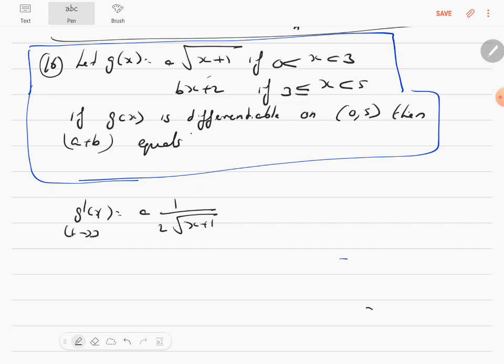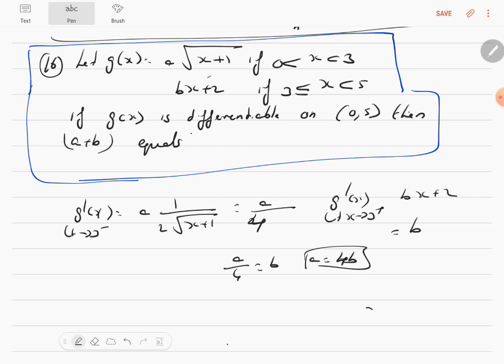Then you can directly substitute and you get a by 2 into root of 3 plus 1, which is root 4, so a by 4. Let's do the right hand limit, x tends to 3 from the right. It's bx plus 2, and differentiating this you'll get b. So a by 4 is equal to b, a is equal to 4b.